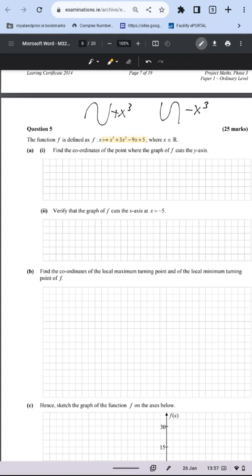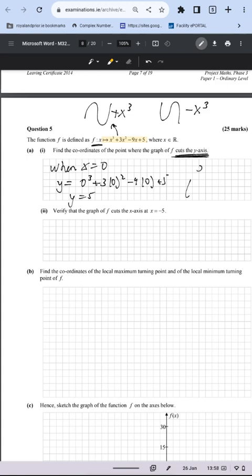So this here is going to be this general shape, because it's a plus x cubed. Find the point where it cuts the y-axis. Now you need to know something. Cuts the y-axis when x is equal to 0. And another thing, everywhere you see f of x, replace it with y. Y is equal to 0 cubed plus 3 times 0 squared minus 9 times 0 plus 5. So y is equal to 5.